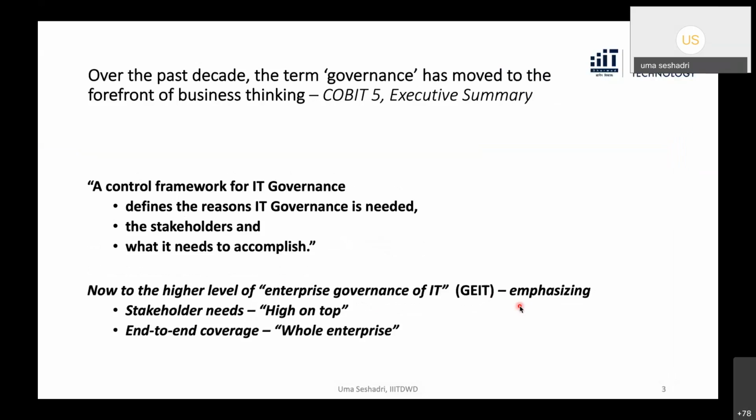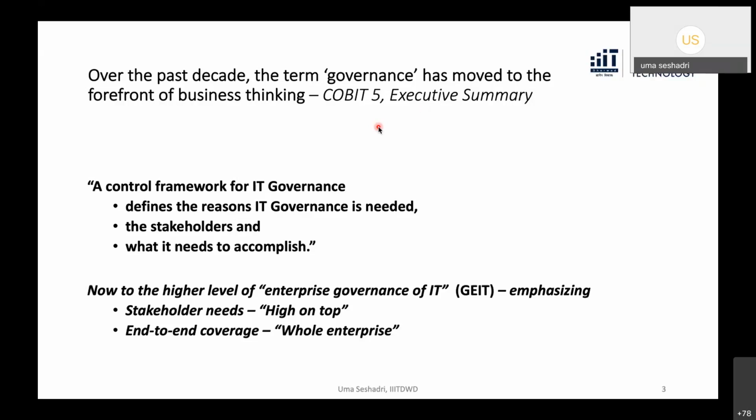Over the past decade, how has this CoBIT evolved? CoBIT has also been evolving in the last few years. Initially they started with some activities, but now they have grown into an enterprise level information security governance structure. When we say enterprise, it is not addressing an individual requirement or a project requirement.